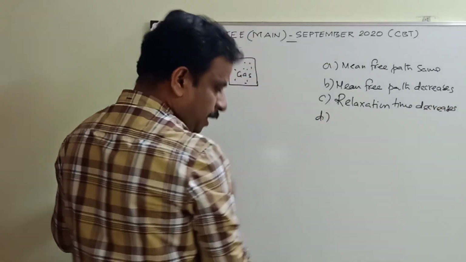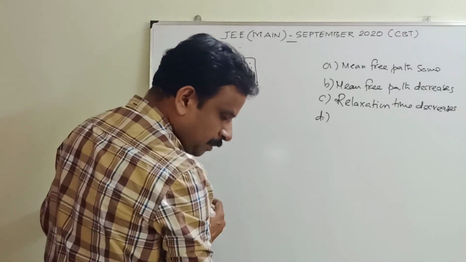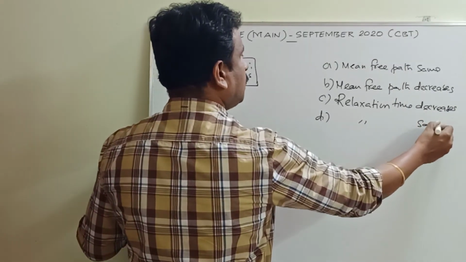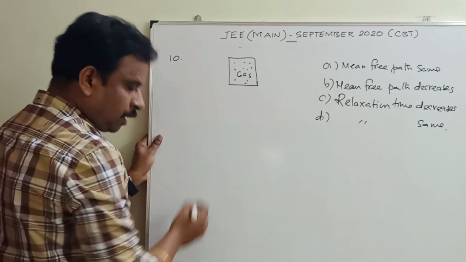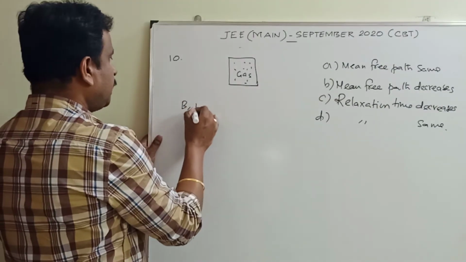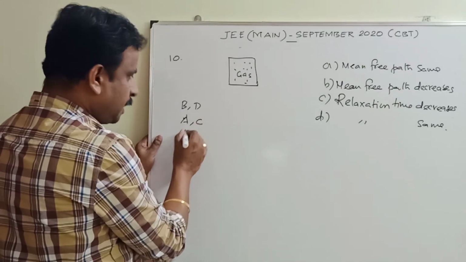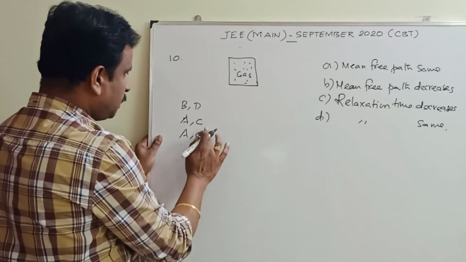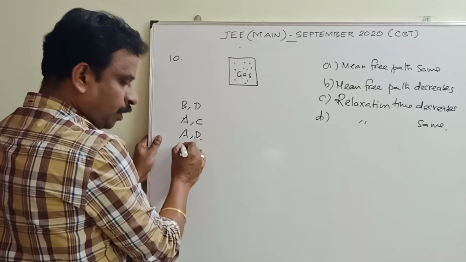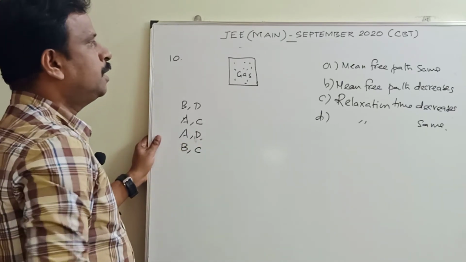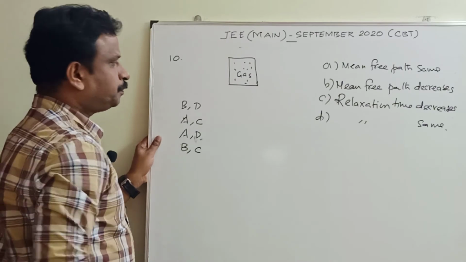And statement D is relaxation time remains the same. These are the statements. Your options are B and D correct, A and C correct, A and D correct, and the fourth option is B and C correct. These are the options. We have to check each and everything.